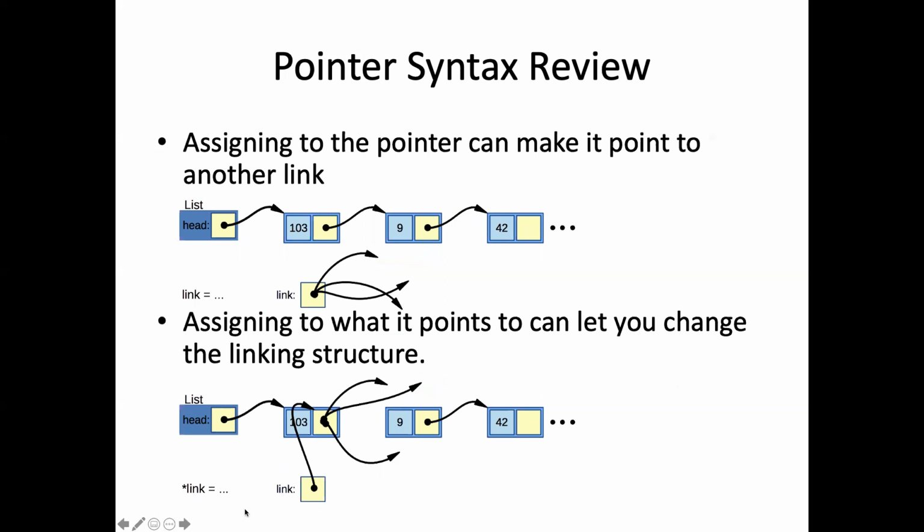If you dereference link and assign to that, you're changing the pointer that points to that node. So link equals something will change where link points. Star link equals something will change where this pointer points. And that's what we talked about before. That would let you change the structure of the list. If you knew the address of some pointers in the list, you could use that to change those pointers and to move nodes around in your list.